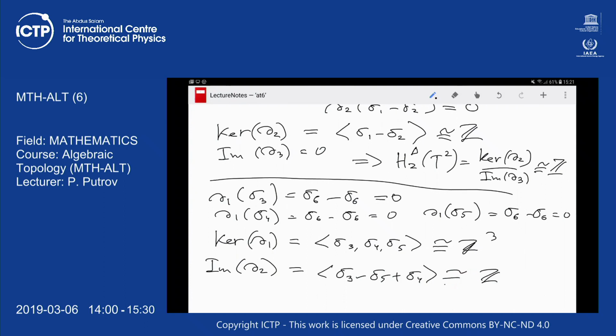This is isomorphic to Z, and the quotient is Z squared.